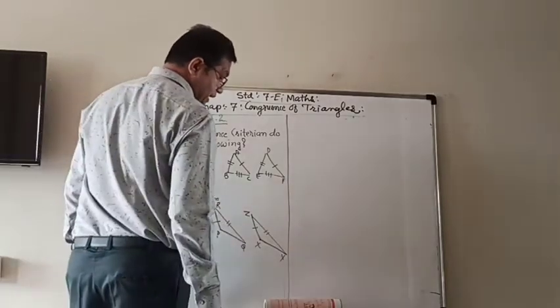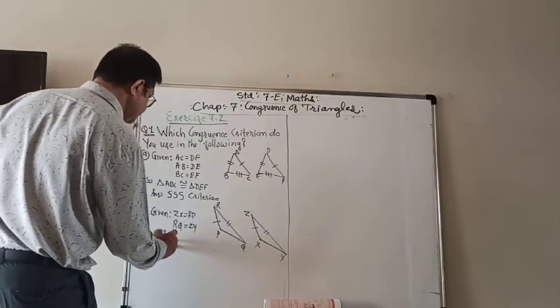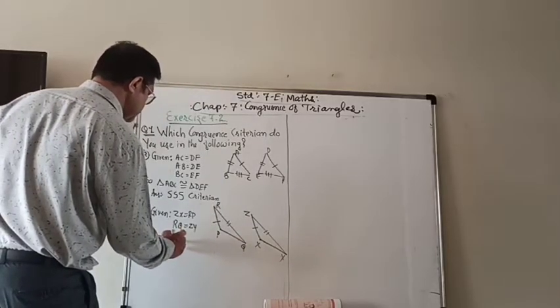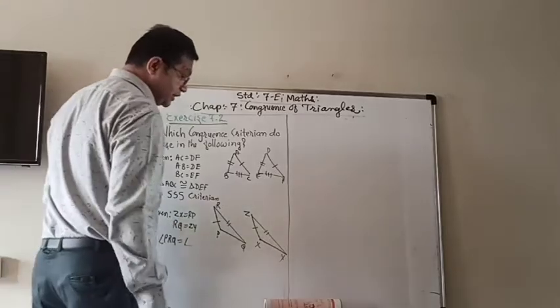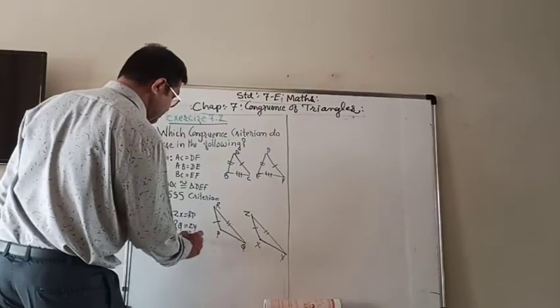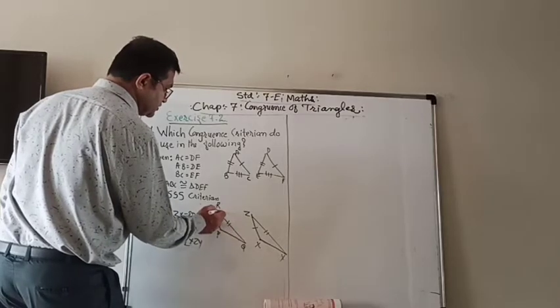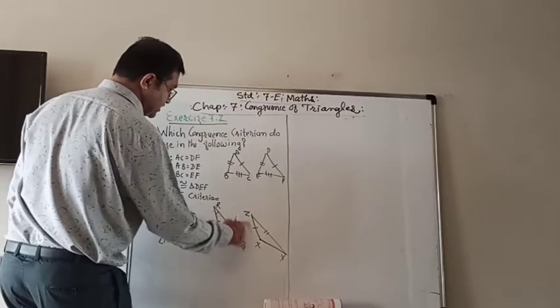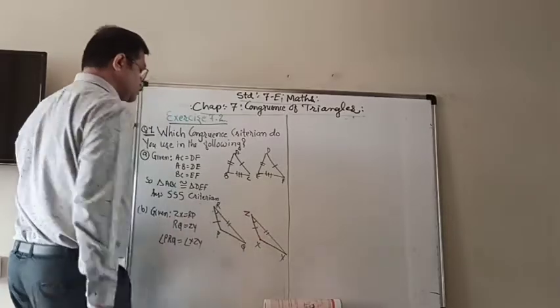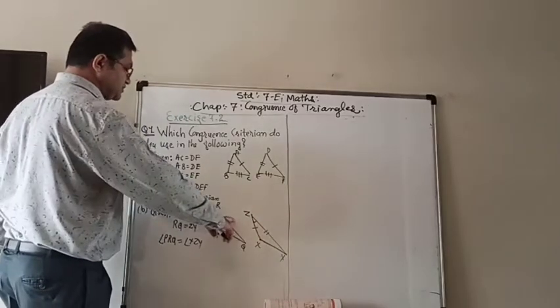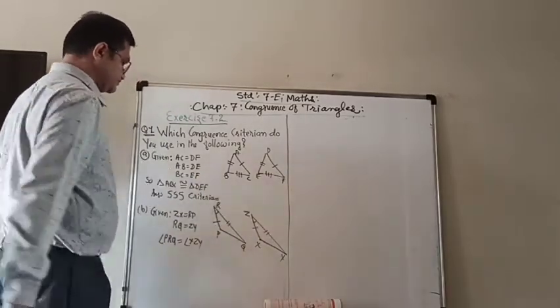And angle PRQ is equal to angle XZY. PRQ means this one, and XZY is this one. So here you can see that two sides and the included angle are there.